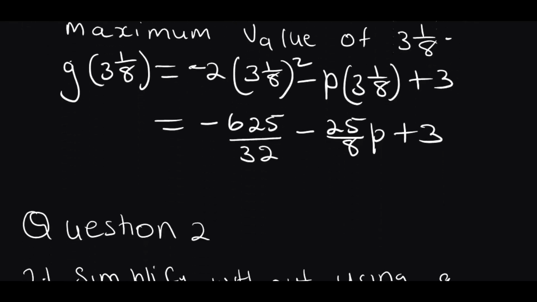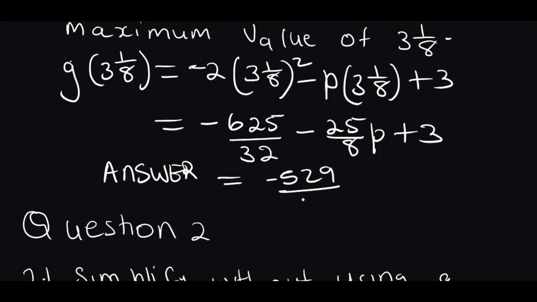Now the answer here should be negative 625 over 32 plus 3. Since they are like terms, it's going to be 529 all over 32 minus 25 over 8p. That is our final answer.